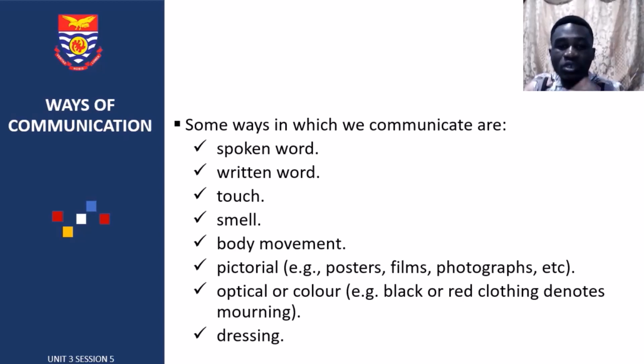We have the pictorial, which covers posters, films, and photographs. We have the optical, or the use of colors. For instance, black or red clothing would denote mourning. All these are means or ways that we communicate in our classroom.